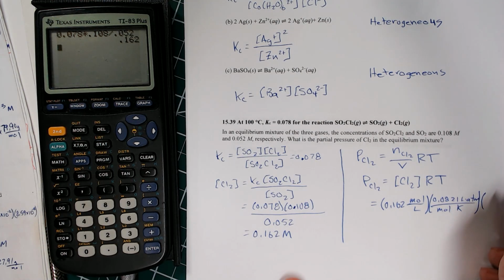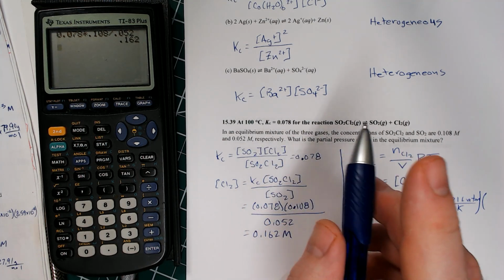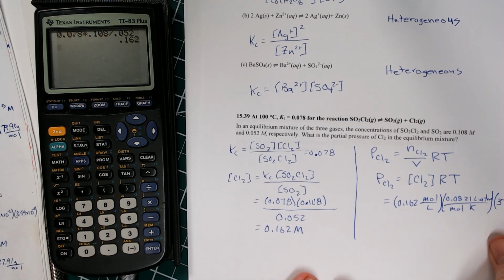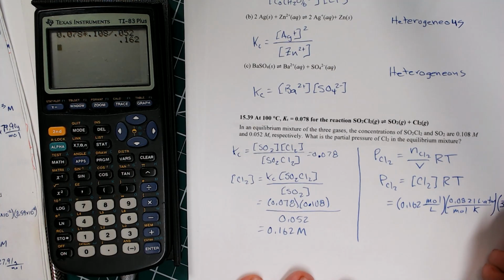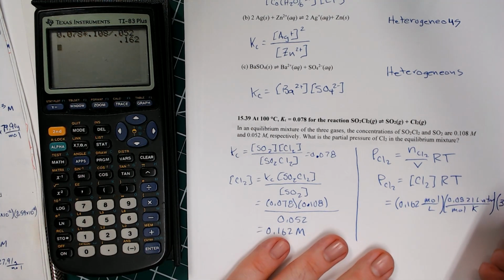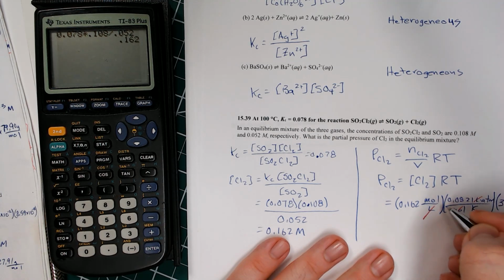And then finally, our temperature is 100 degrees Celsius, but in Kelvin, we're going to make that 373 Kelvin. So 373 Kelvin. We'll see that the Kelvin cancels out, liters cancels out, moles cancels out.